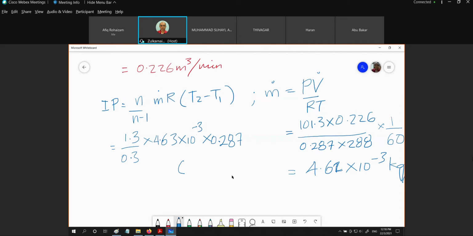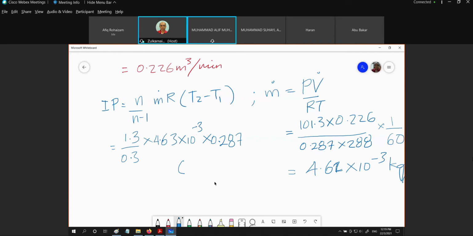T2 sama tak dengan yang tadi? T2 agak sama tak dengan 12.3? Itu sama sir sebab T1 sama ke lain?